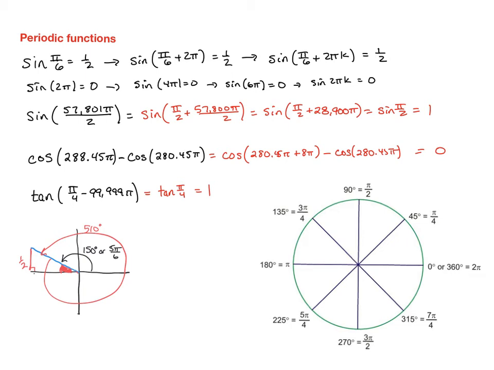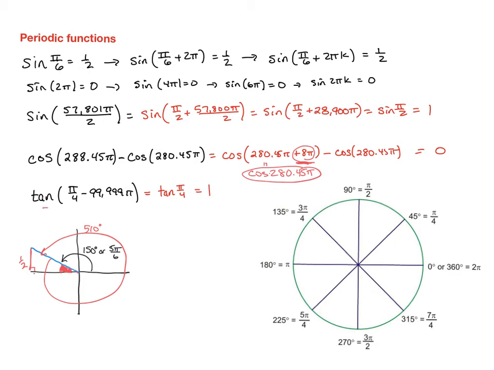I didn't write that out, but this right here equals the cosine of 280.45 pi, because that plus 8 pi is going to give me a coterminal angle. And so they're going to be the same as 280.45 pi.